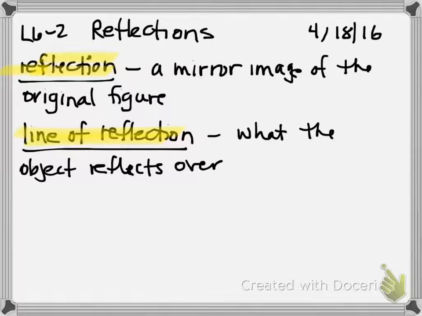Okay. Now, what's important about this line of reflection is this equidistant idea, is that whatever points you have are going to be equally apart from that line of reflection.